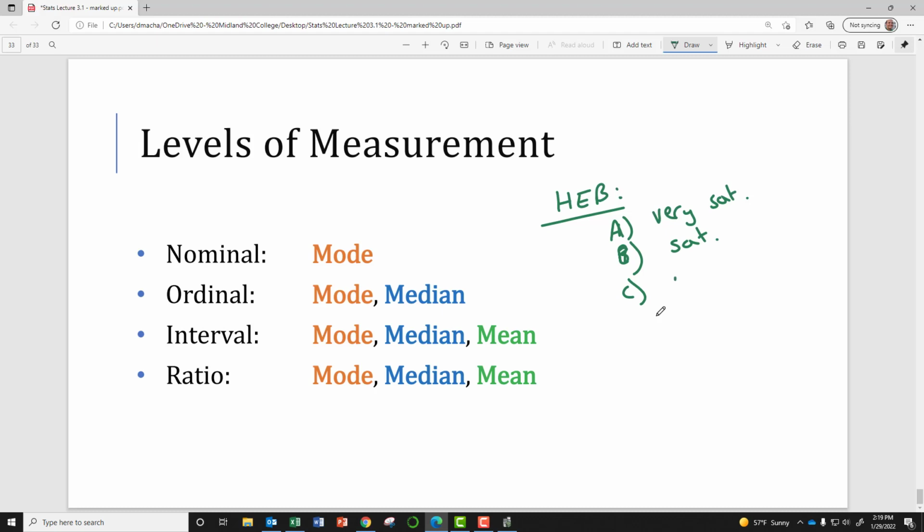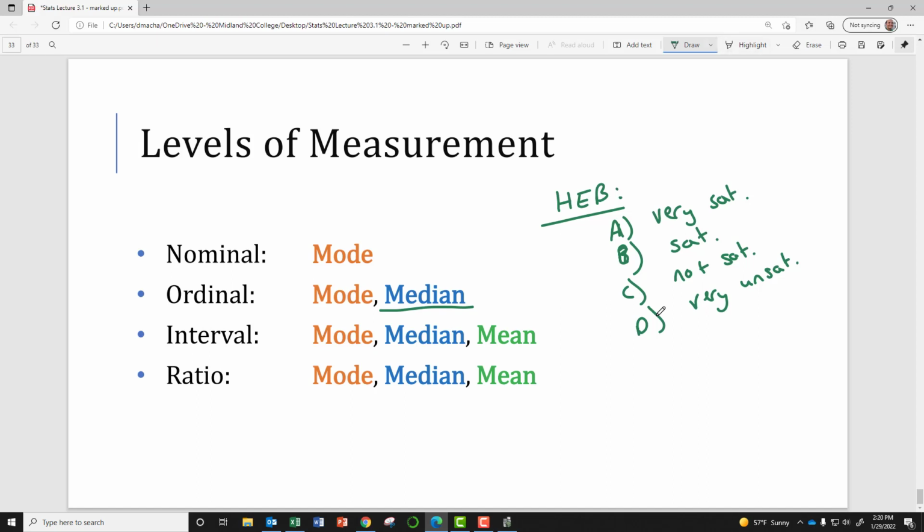Are you not satisfied? Or are you very unsatisfied? That was sorting individuals from the sample into categories based on how they felt about the grocery store. But you actually could take a median.